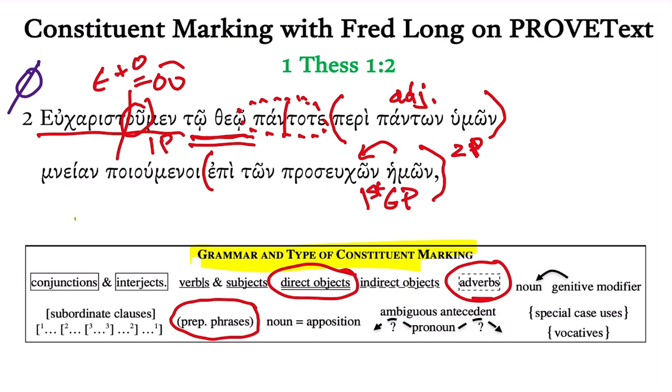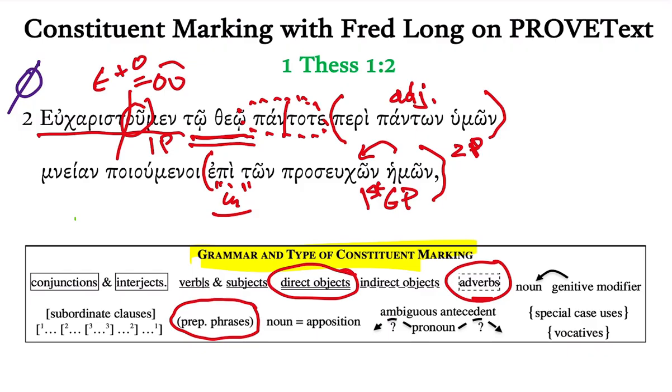It's modifying proseuchōn, prayers, plural. Epi can take the genitive, and epi can mean a lot of different things, but here I think we can say it means in. So, in our prayers, or on the basis of, something like that.